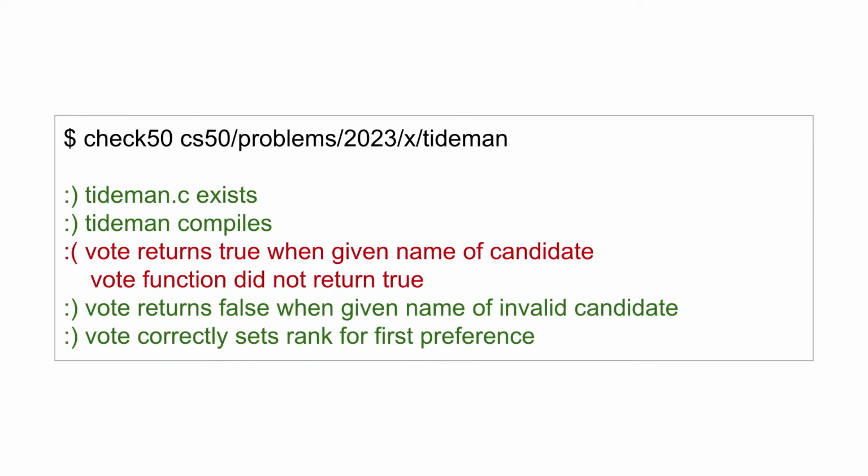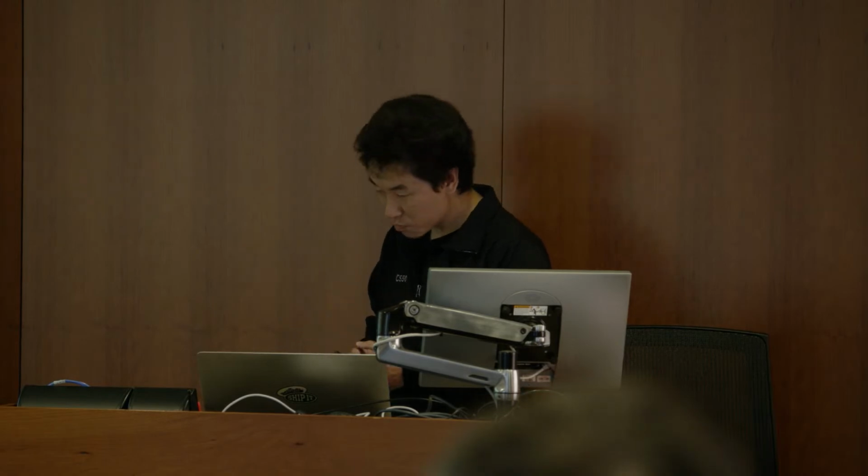For example, in their CS50 codespace, when they run check50 on a problem set, they will immediately get feedback on whether their code compiles and whether they implemented it correctly according to the pset specification. The goal is that while students are writing their code, they can see whether it adheres to the pset correctly or not. If not, they go in and correct accordingly.